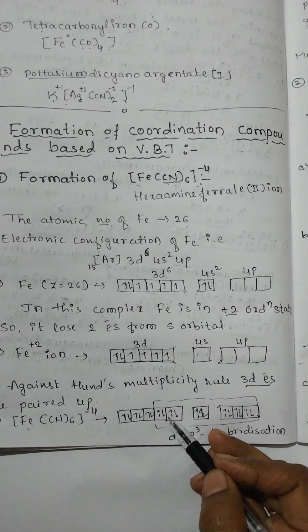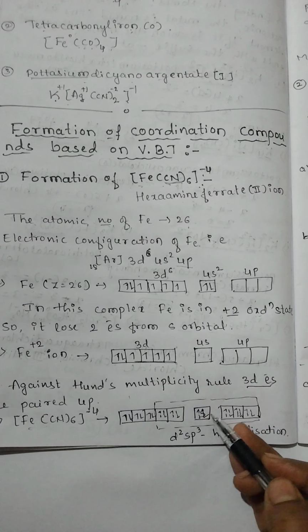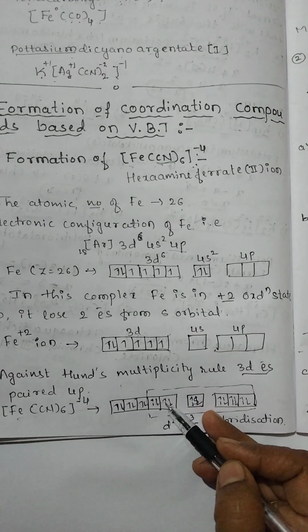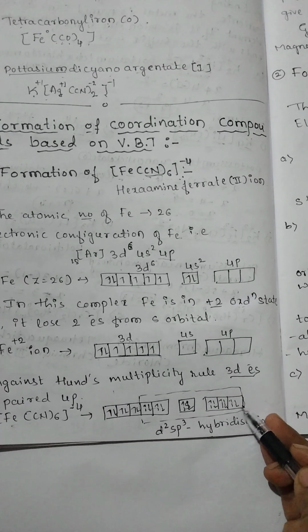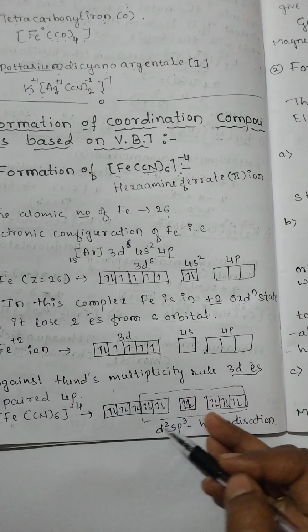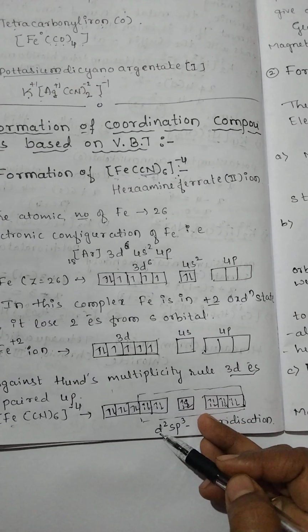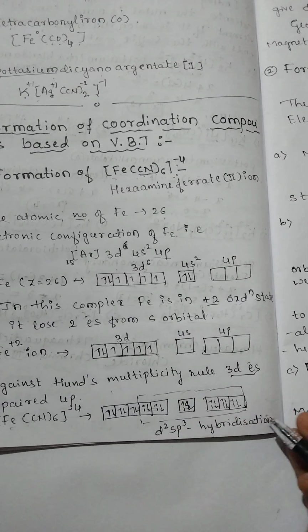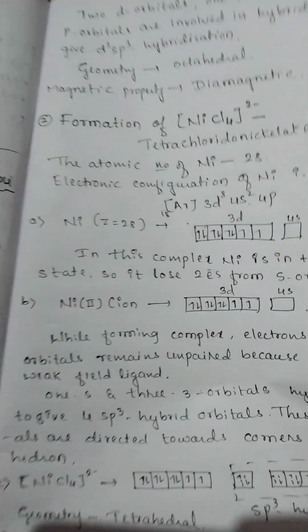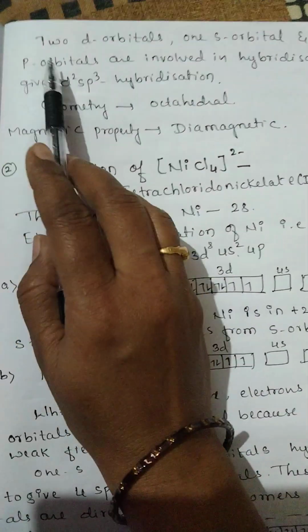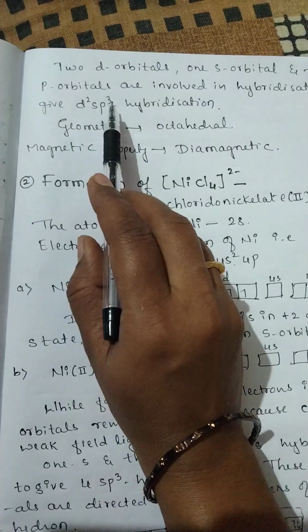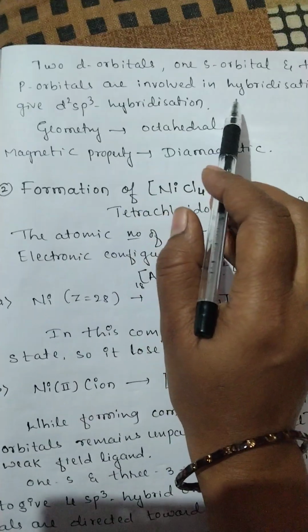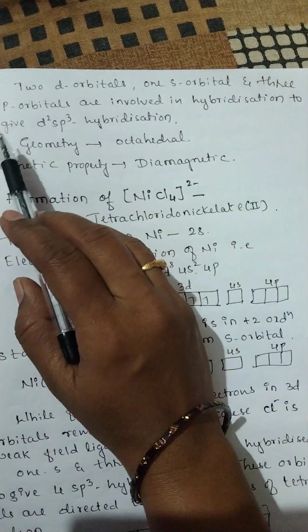So now the vacant orbitals available for hybridization are 2 d orbitals, 1 s orbital and 3 p orbitals. These orbitals are involved in hybridization to give d2sp3 hybridization.